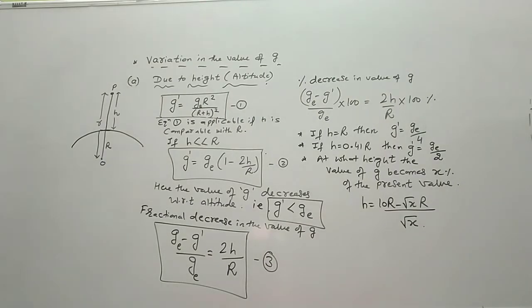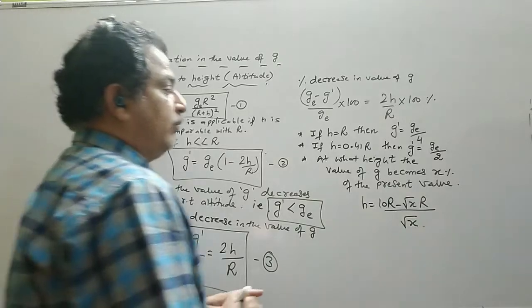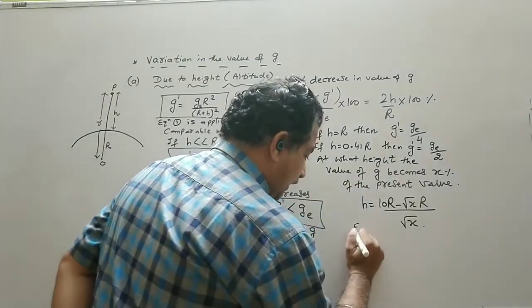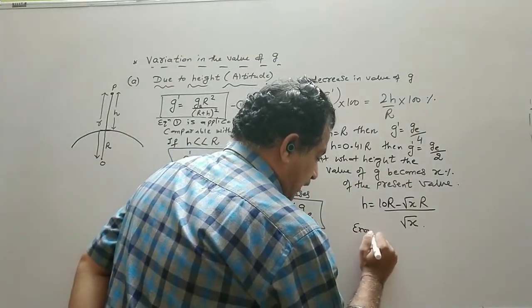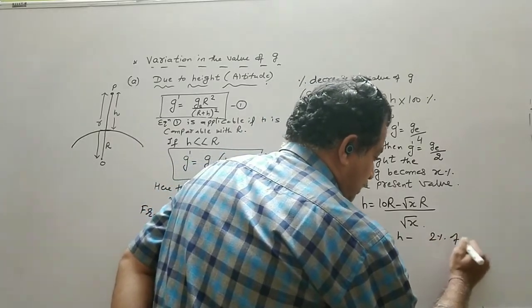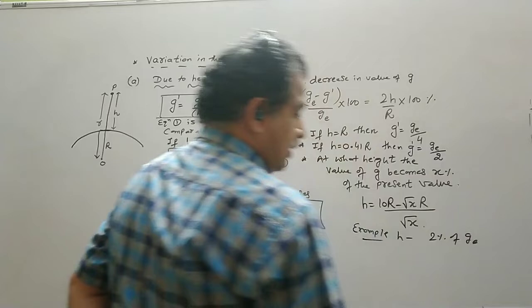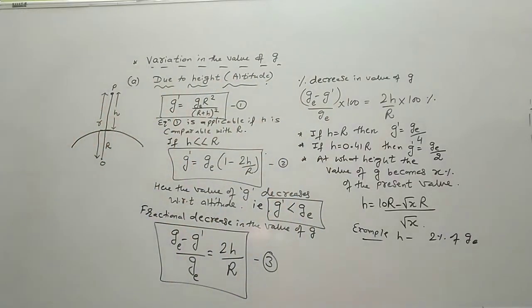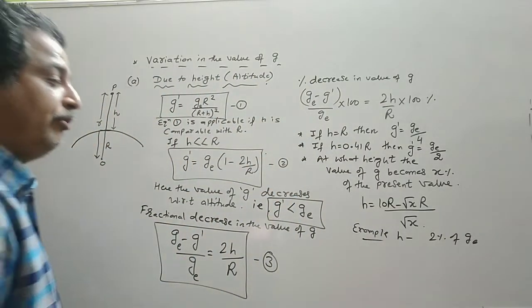So what will be the present value? 10. So 2% of the present value, so 2 divided by 100 into 10. Let us take an example: find h where the value becomes 2% of GE.